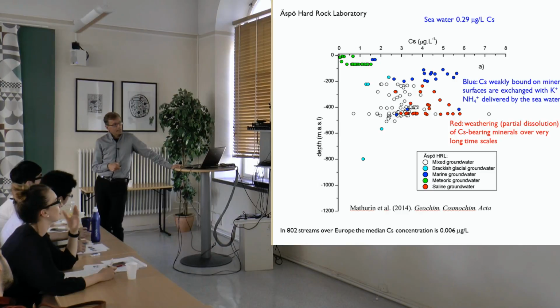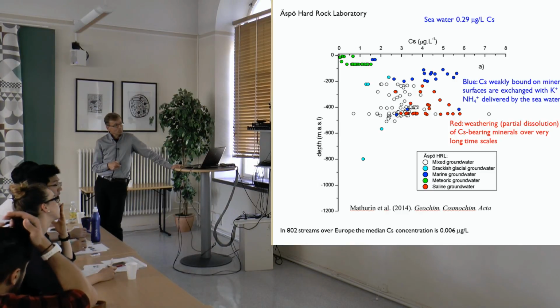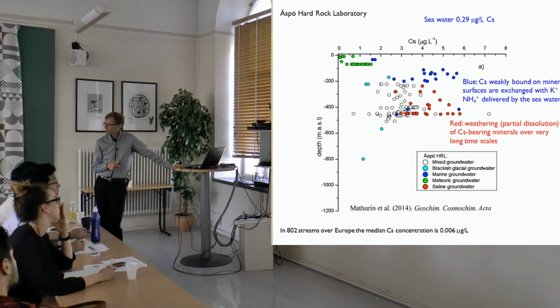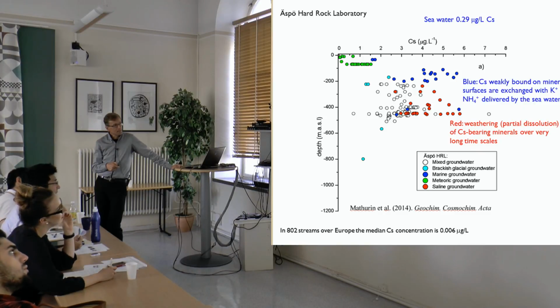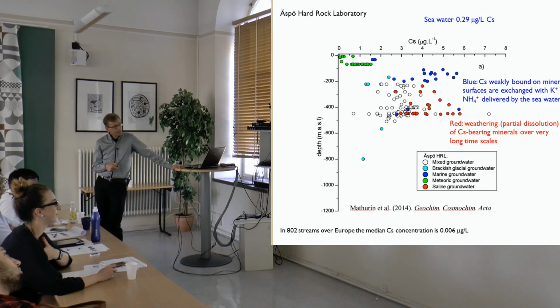What we can see, however, here is that the cesium concentrations are correlated with the origin of the water. The green symbols, that is the meteoric water. You see relatively low concentrations. And the same with these light blue, which is the glacial meltwater. Intermediate concentrations overall in the mixed, the white.